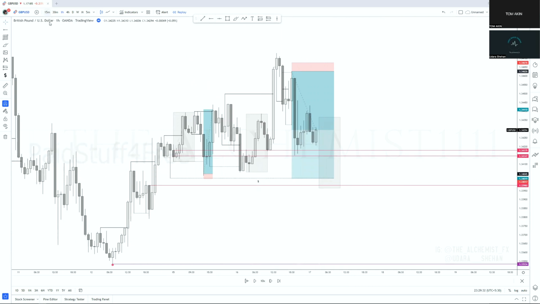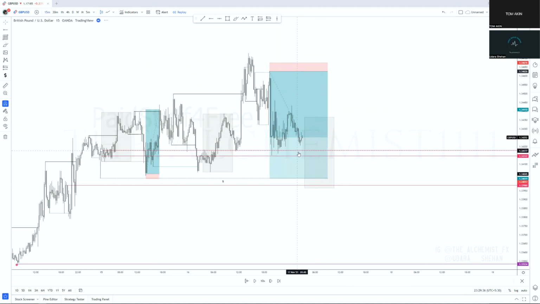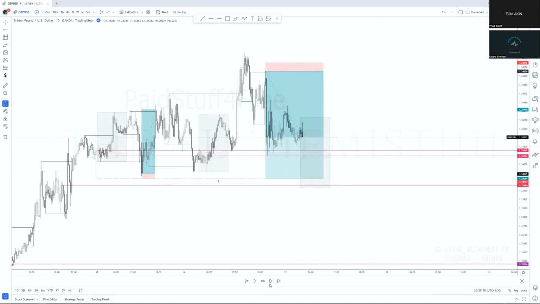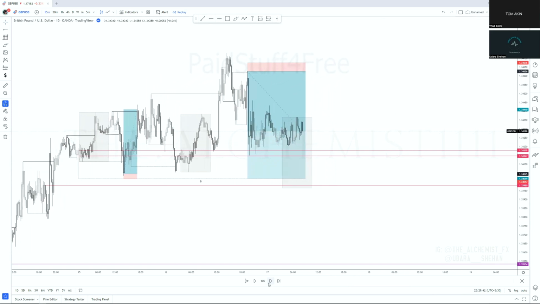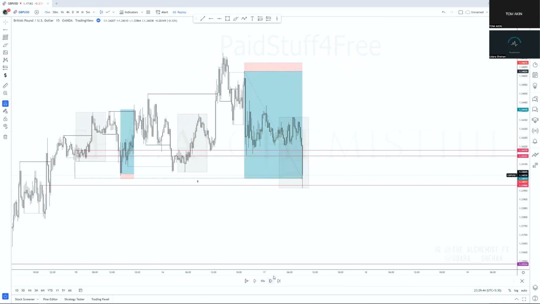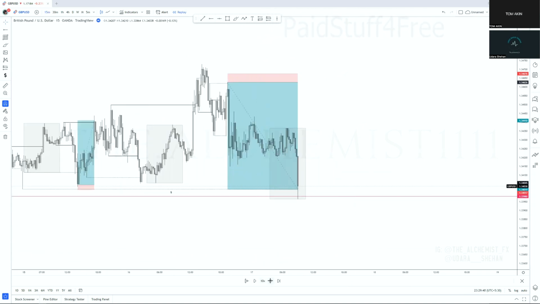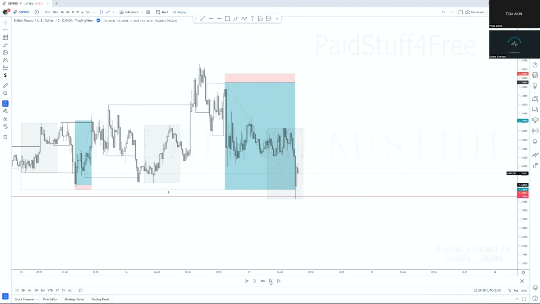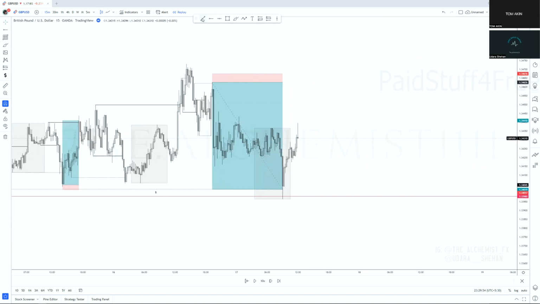You understand that, right? And not only that, even if it taps into these areas or not, we don't care because it happened during Asia. Who cares? Look at that. So it happened during Asia, so we don't care about that anyway. And then tapped into this 4-hour rejection block. Now it's starting to fly, and you got a bullish breakout structure.